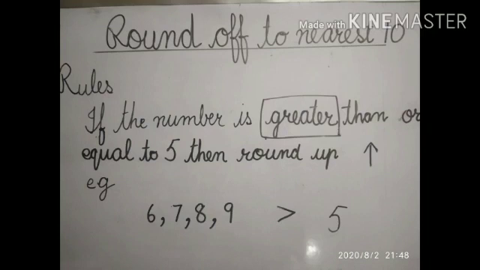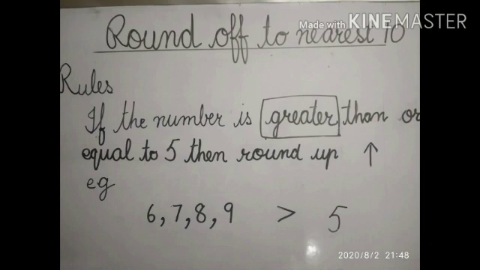Rule number 2. If the number is greater than or equal to 5, then round up to the nearest 10. For example, 6, 7, 8, 9 are greater than 5. So they will be rounded up to the nearest 10. Or we can say that 6, 7, 8, 9 are strong numbers.